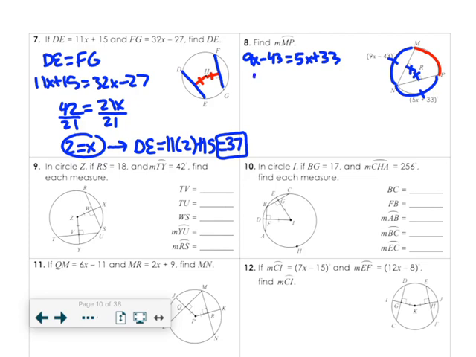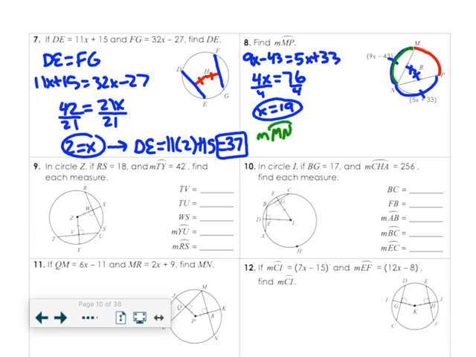Okay, this is going to be a 4x if I subtract 5x to the left. 33 plus 43 on the right, that's 76. Dividing by 4, I know that x is 19, which is a helpful number because then it helps me figure out these blue arcs. So if I plug 19 in, I'm going to find the measure of, let's say, MN.